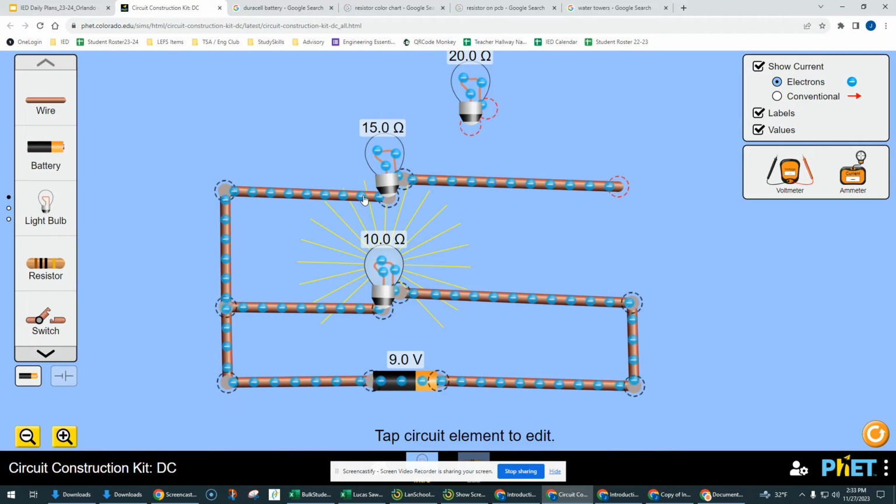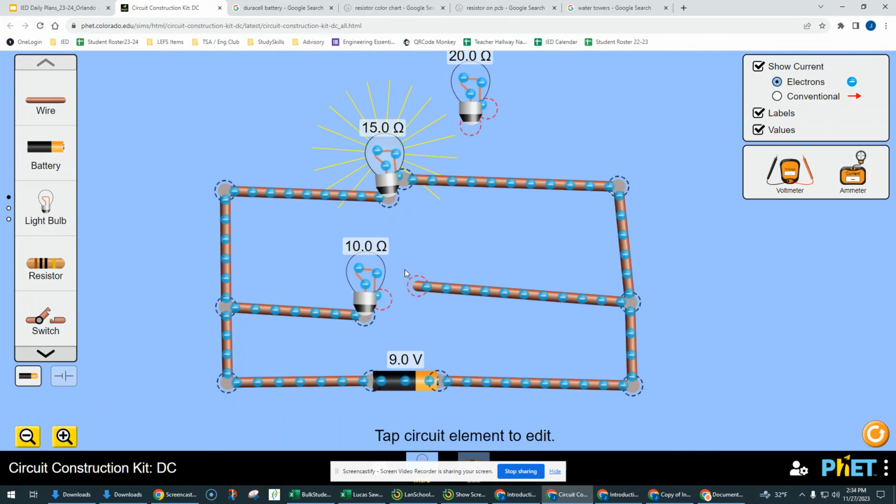The electrons would be able to go through the second light bulb and get all the way to here. And then from right there, we'll connect this wire back to here, where these electrons could merge back together with the ones that had gone through the first light bulb, and they'd come back together to return to the battery.